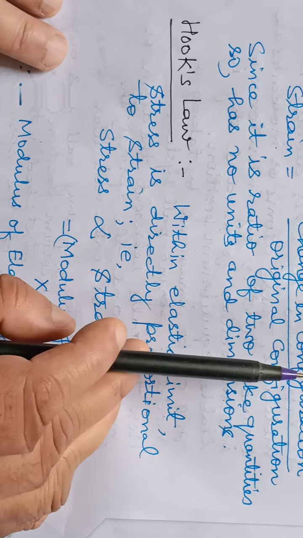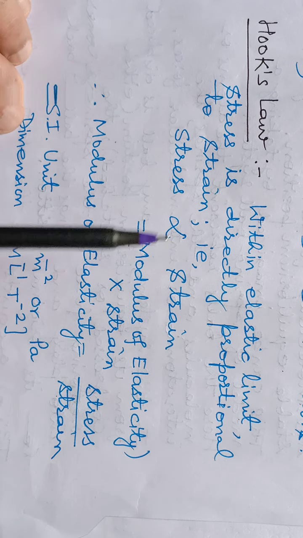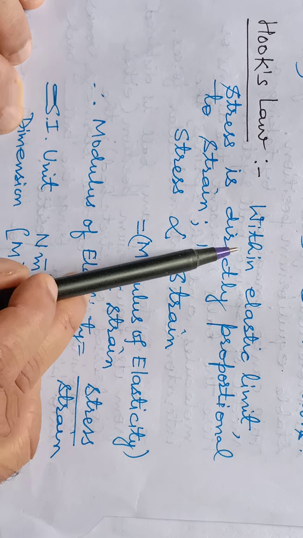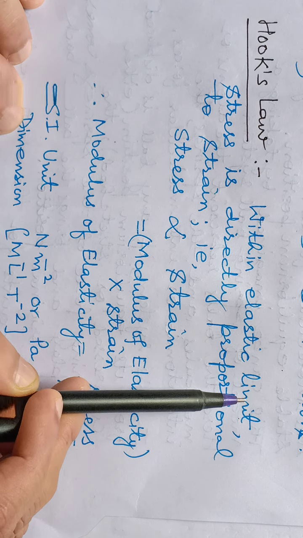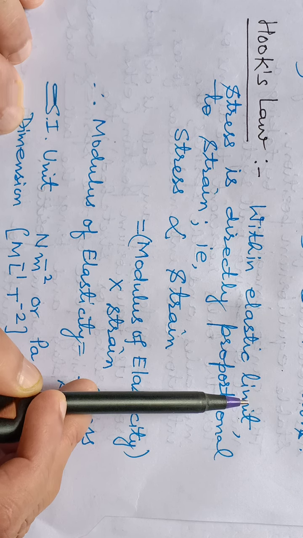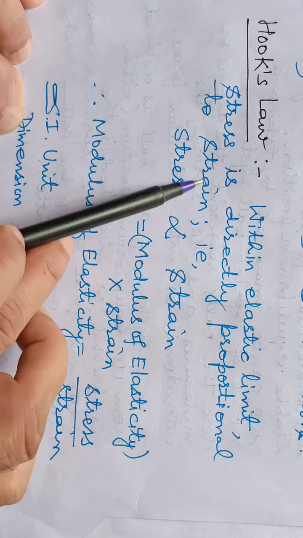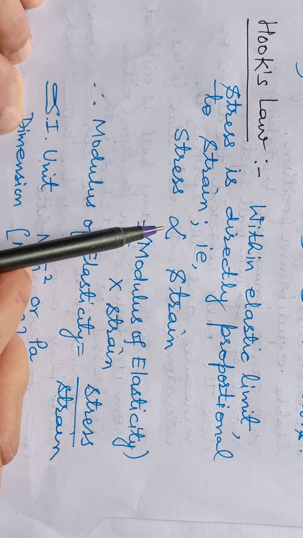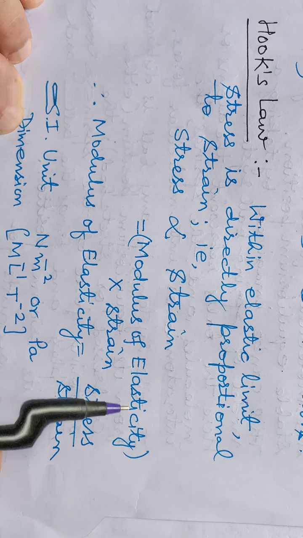Now the next important law is Hooke's law, and this is a very important law. Within elastic limit, meaning the limit up to which the solid regains exactly its original configuration, stress is directly proportional to strain. That is, stress is proportional to strain. To remove the sign of proportionality, we put a constant, and here the constant is the modulus of elasticity.